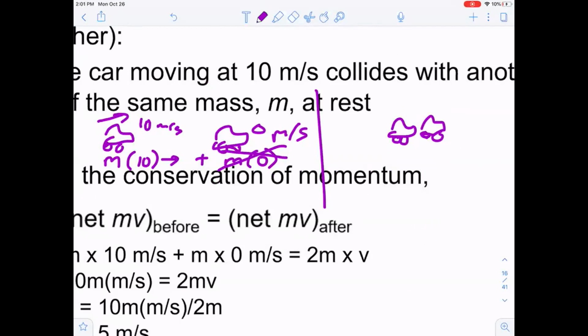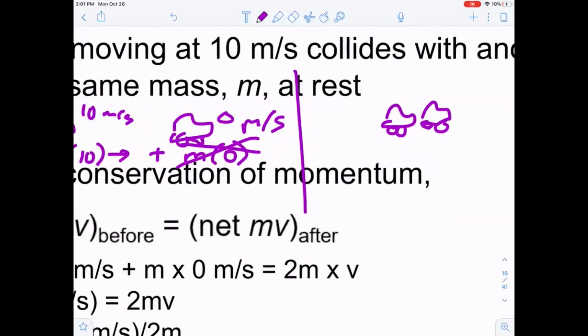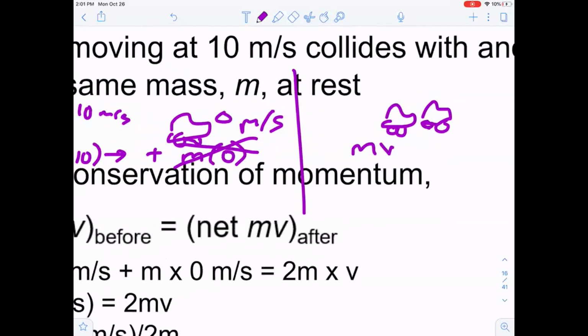Now over here, we have mass times velocity plus mass times velocity. Assuming it's the same velocity, we can use the same v, right? Make sense? So mv plus mv would just be 2mv.